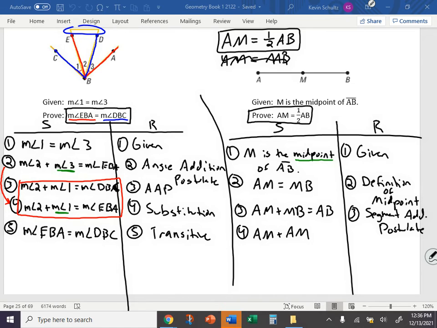So now we have AM plus AM equals AB because of substitution. We replaced it. Okay? Now we have AM plus AM equals AB.